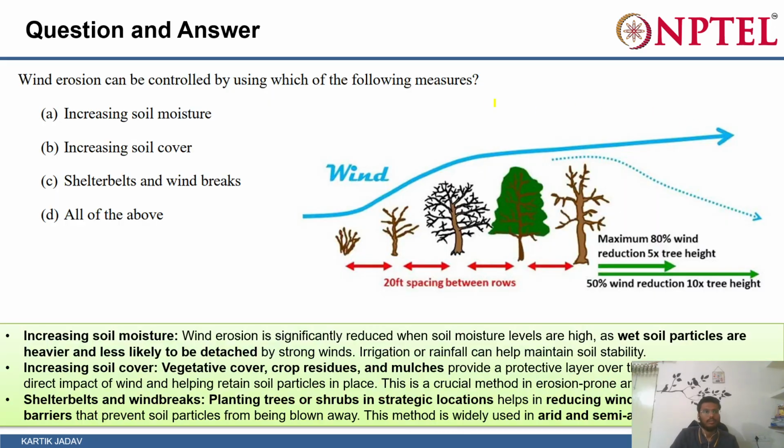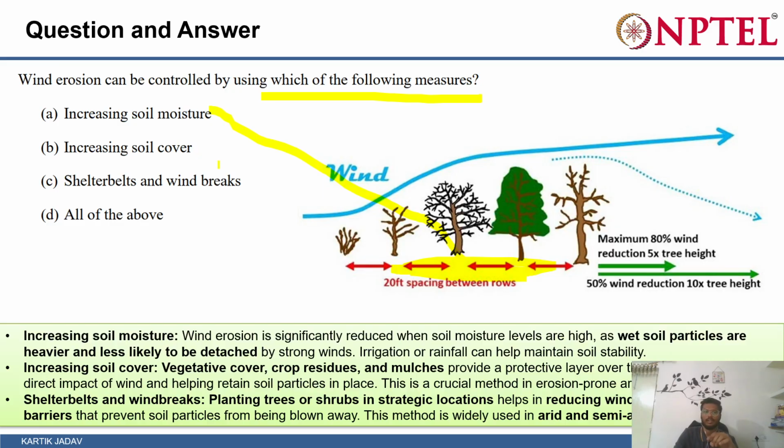Next question, wind erosion can be controlled by using which of the following measures? Increasing soil moisture, yeah, obviously by increasing soil moisture that binds the soil together and prevents the effect of higher wind.